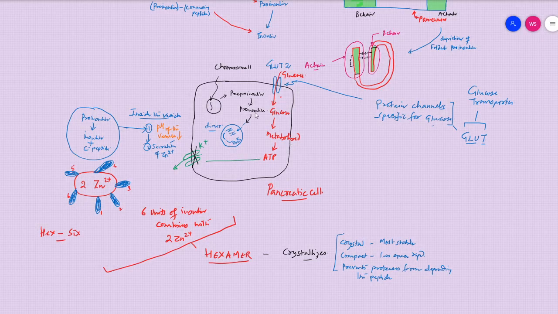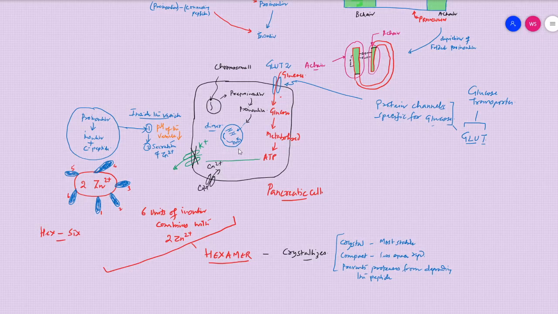It depolarizes the pancreatic cell, and this depolarization event opens up another channel. That channel is calcium. So calcium ions from outside will now enter the cell.